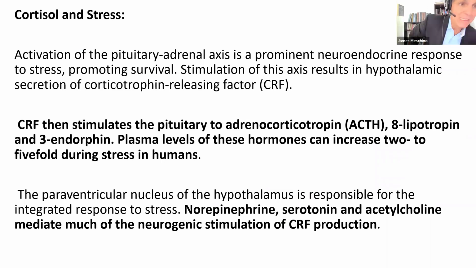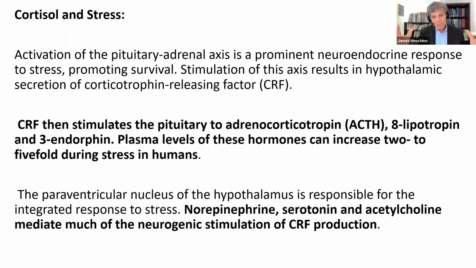Cortisol and stress. Activation of the pituitary-adrenal axis is a prominent neuroendocrine response to stress, promoting survival. Stimulation of the axis results in hypothalamic secretion of corticotrophin releasing factor. So with stress, you release more CRF. The CRF then stimulates the pituitary gland to secrete more ACTH and other things that are then going to release a greater amount of cortisol, obviously.